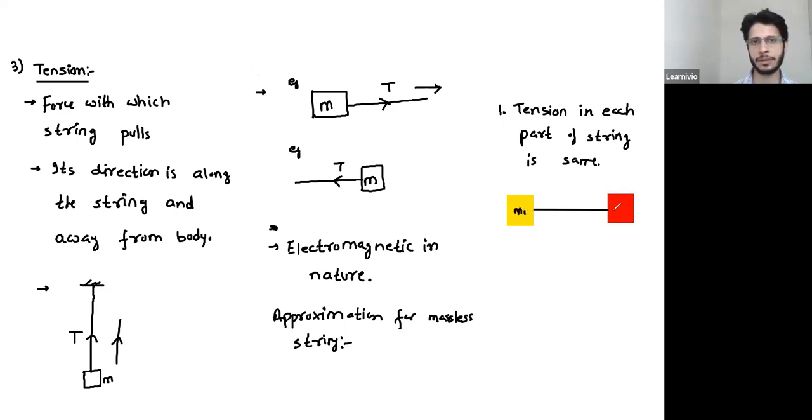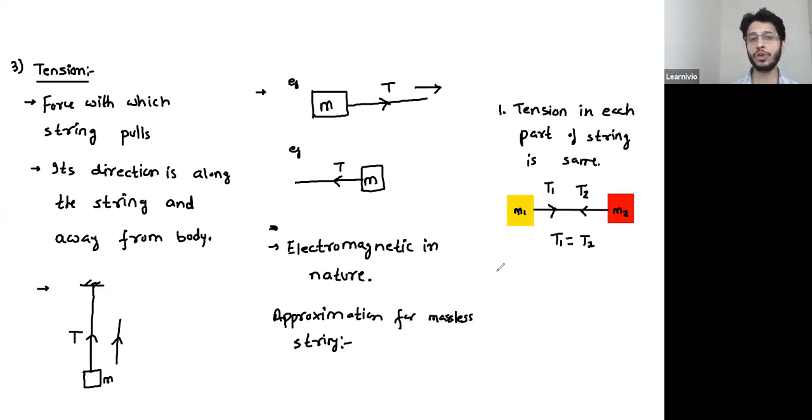Let's call this mass M1 and this mass M2. This string must be exerting some force over mass M1, the direction of that force is right hand side, that's T1. The force over mass M2 by the string is to the left hand side, that is T2. If a string is massless, then T1 is exactly equal to T2. So if you have one massless string, then tension in every part of the string would be the same. Tension will not change. That's the first thing.